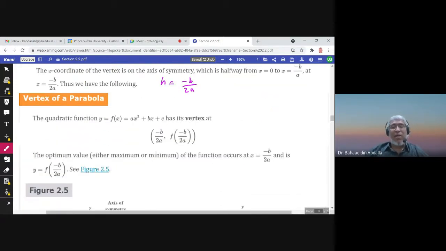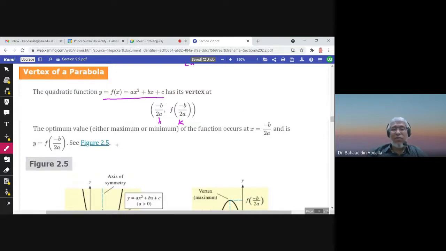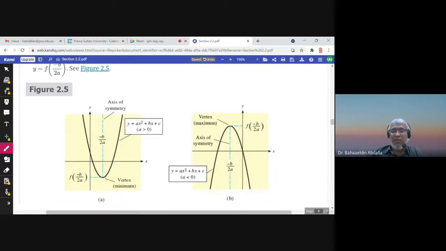So that's the method. If we have a quadratic function like this, the x coordinate of the vertex would be negative b over 2a. This is h, the x coordinate, and k, the y coordinate, is f of this number. And k, f of this number, would be either the maximum or the minimum. If a is positive, the parabola opens upwards, and f of negative b over 2a would be the minimum value of y, the smallest value of y.